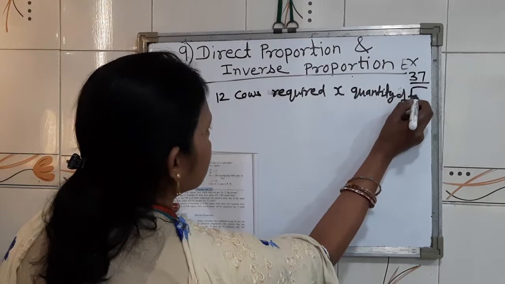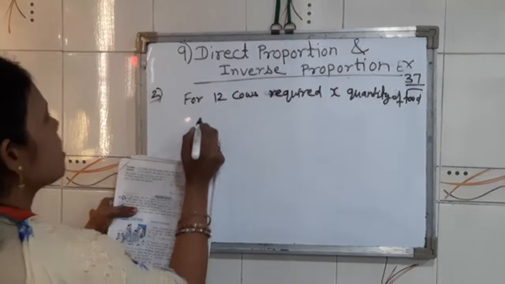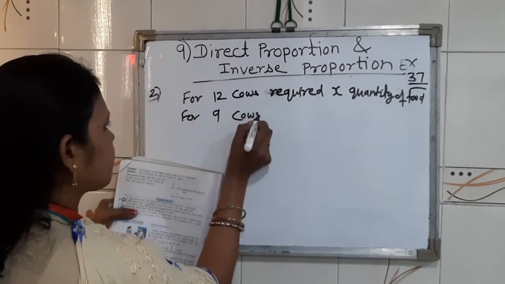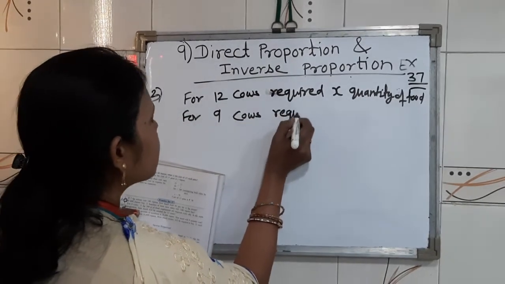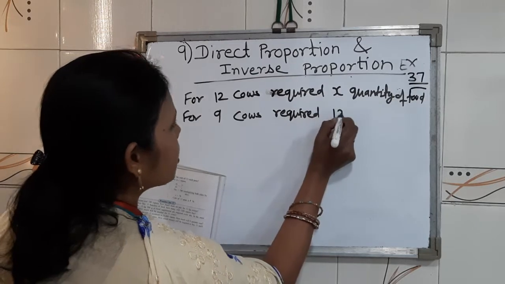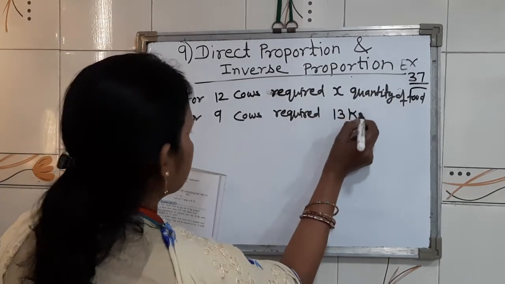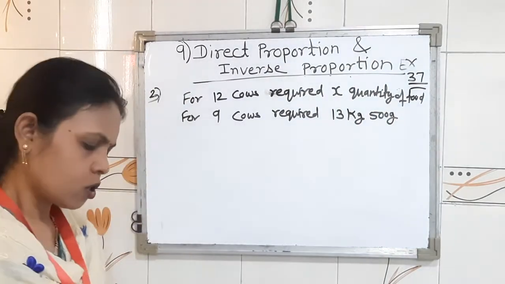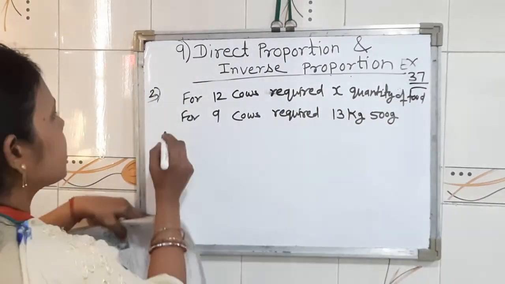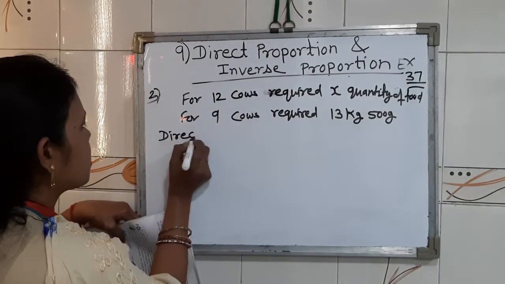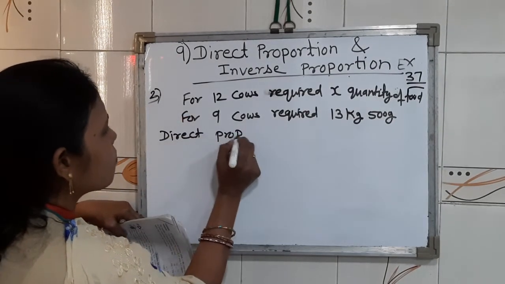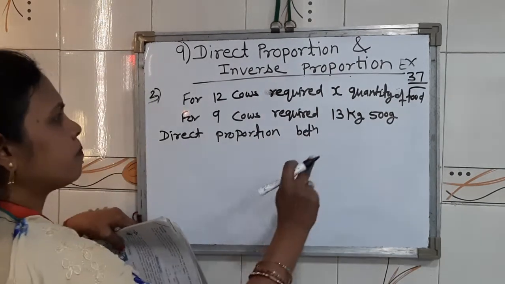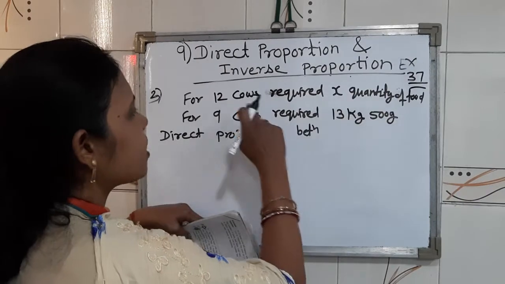Quantity of food. Here for 9 cows required 13 kg 500 gram of food. So children, here is direct proportion between quantity of food and the number of cows.